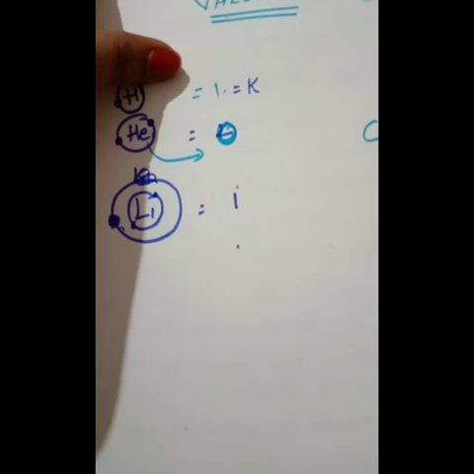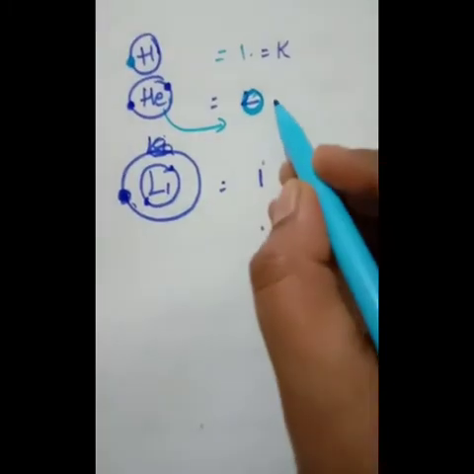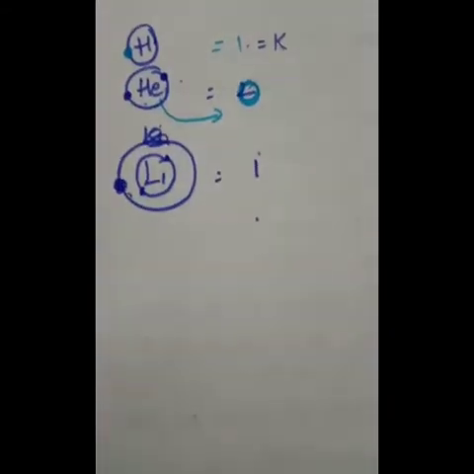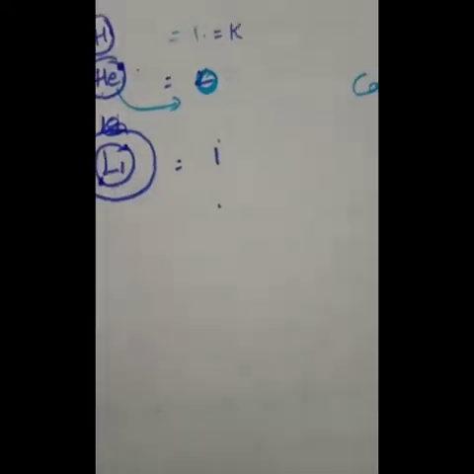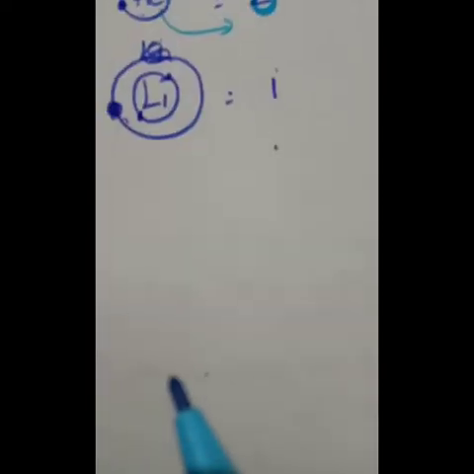Fine. So next, of these inert elements, the helium atom has 2 electrons in its outermost shell. 2 electrons are present in the outermost one, isn't it? And all other elements have atoms with 8 electrons in the outermost shell.